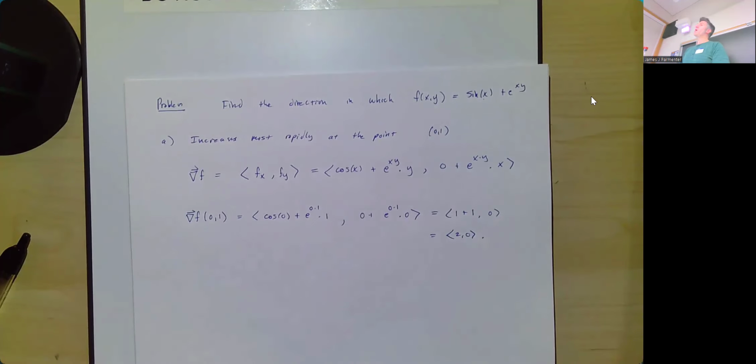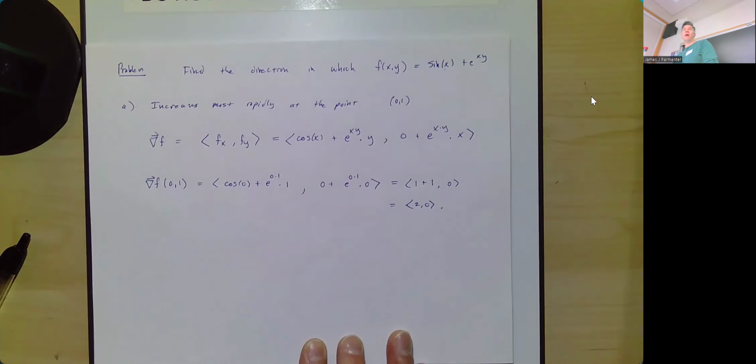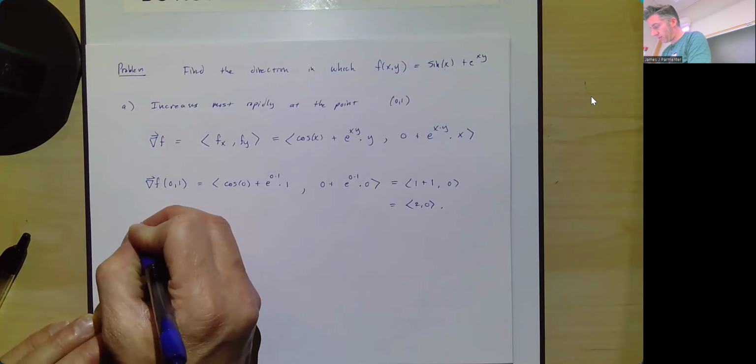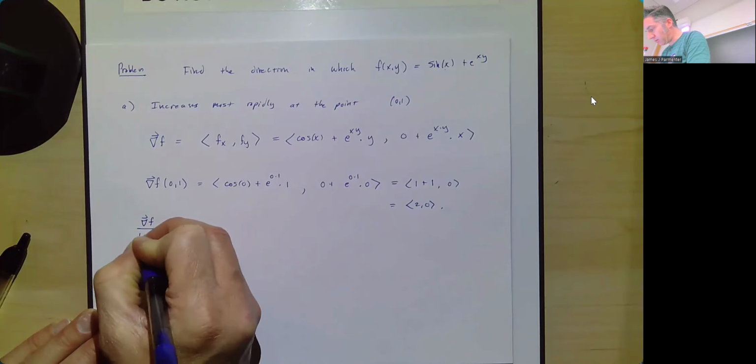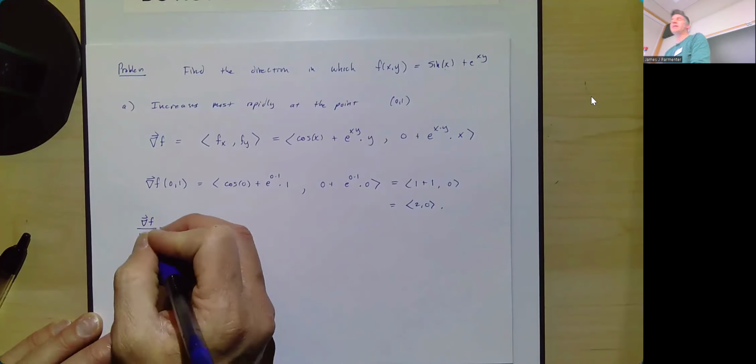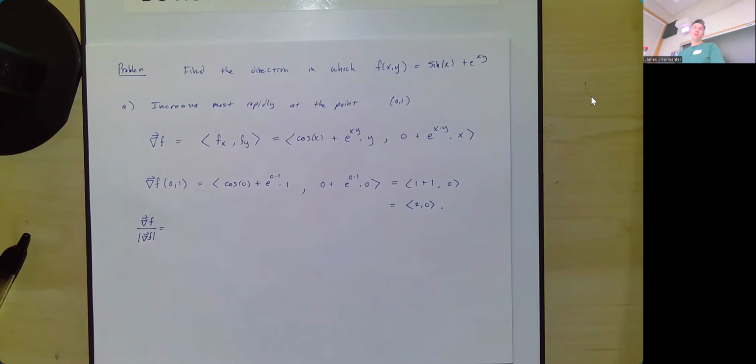Now, I don't know what he expects. I don't know if he expects you to write any direction vector as a unit vector or not. I typically would err on the side of writing as a unit vector. So here, the unit vector, the gradient divided by its own magnitude, is really easy to do when one of the components is 0, or I should say when all the components are 0 except for one of them.